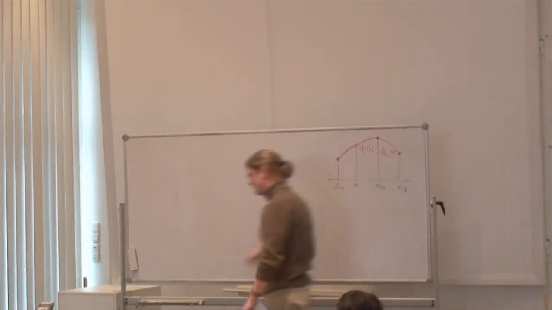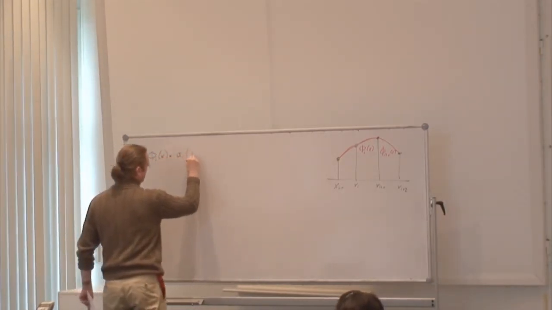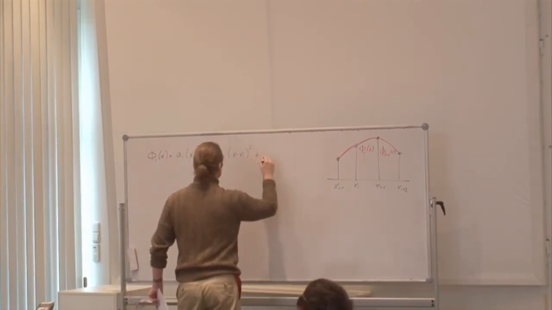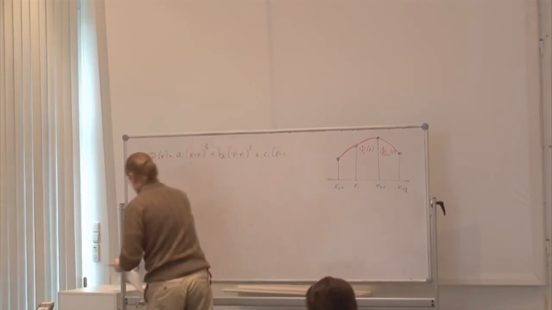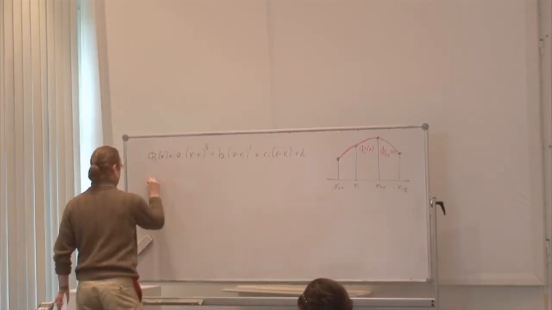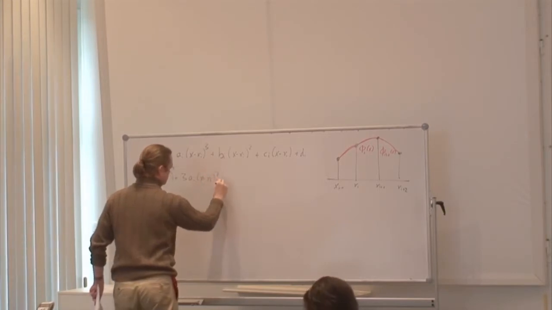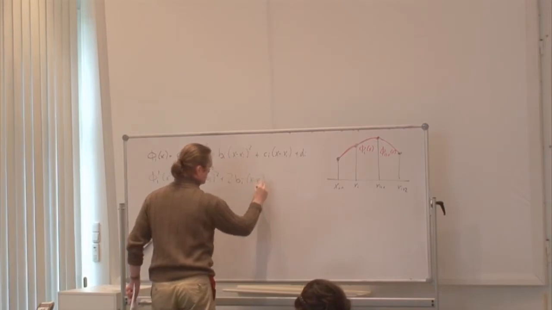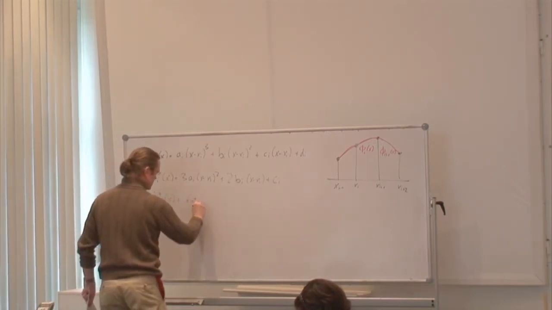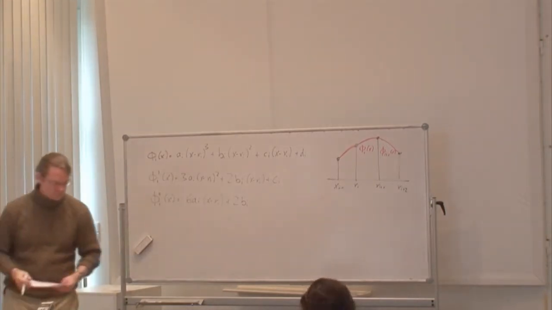Each of these functions, phi i, is a third order polynomial, which is to say we have phi i of x is ai (x minus xi) raised to the 3 plus bi (x minus xi) raised to the 2 plus ci (x minus xi) plus di, and because it's so beautiful, we also write down the derivatives: 3ai (x minus xi) to the second plus 2bi (x minus xi) plus ci, and the second derivative is 6ai (x minus xi) plus 2bi. So this is the situation we are talking about.